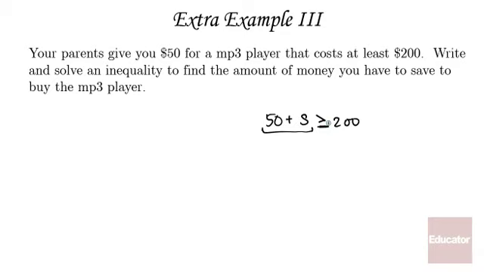So we've written the inequality, and now let's solve it. Subtract 50, subtract 50. And you still need to save $150. Maybe you will save more and you'll be able to get a nicer one. But at the very least, you need to save $150.